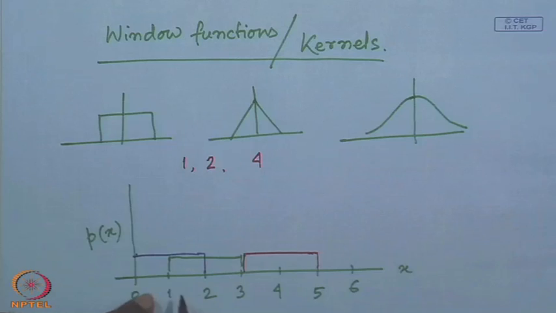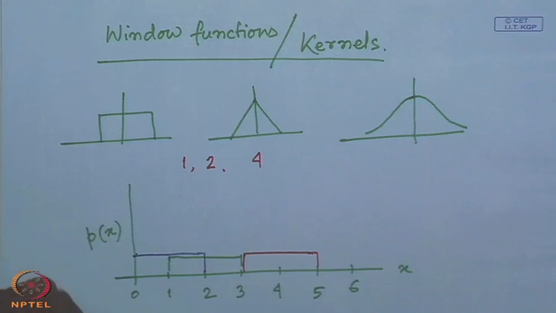The overall probability density estimate is basically the sum of all these window functions, and I have to normalize these windows in such a way that, because I have 3 different windows, the total area under them is equal to 1.